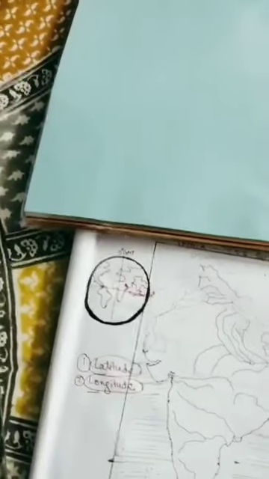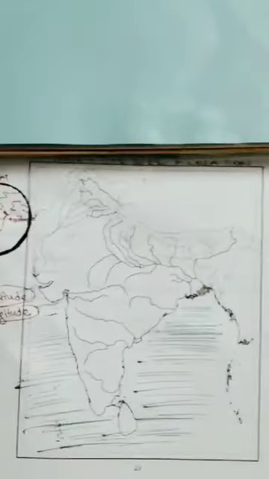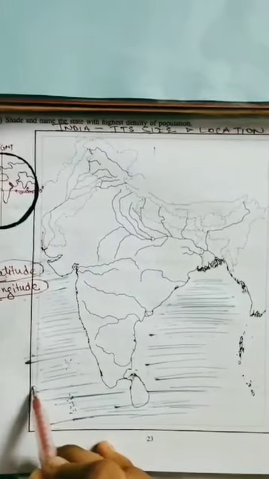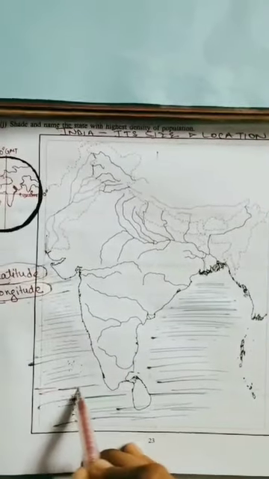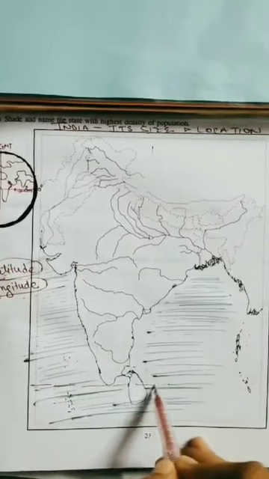Okay, now let us move to the map of India. Here, as you can see, this is the map of India, with the latitude and longitude values. This is our country. The latitudinal values start from here.